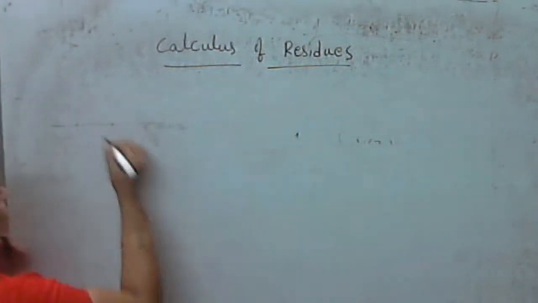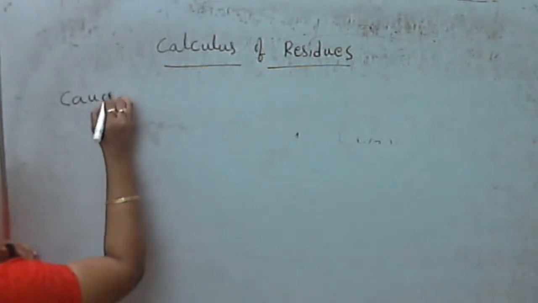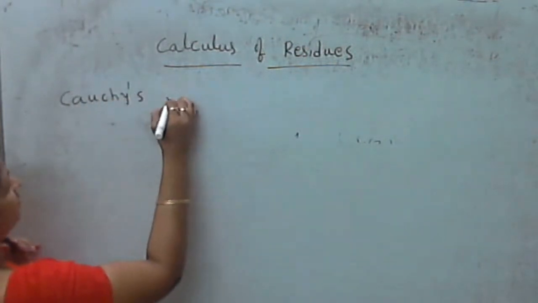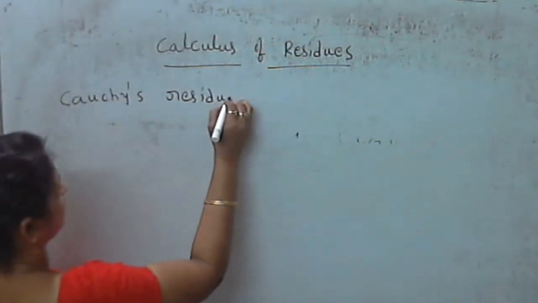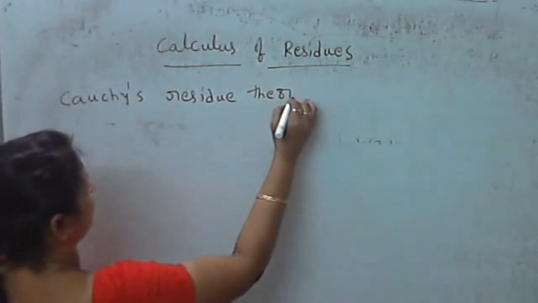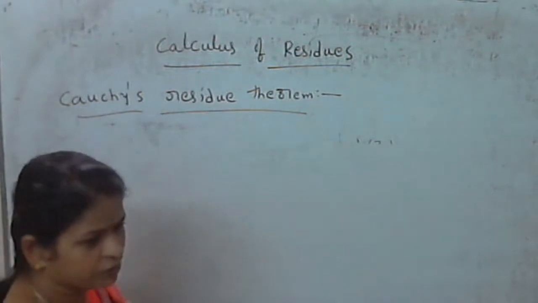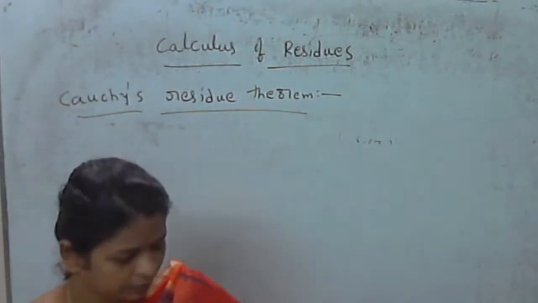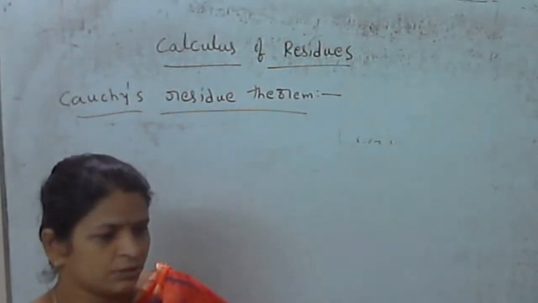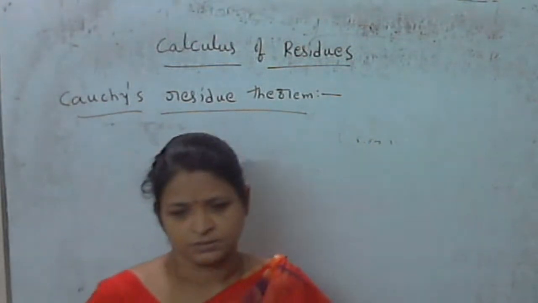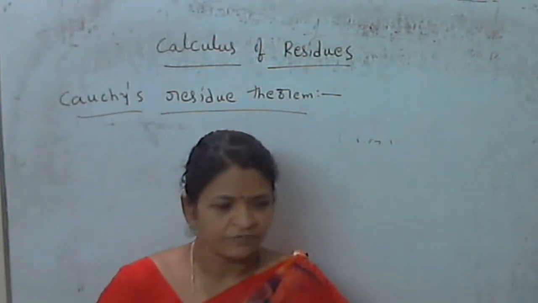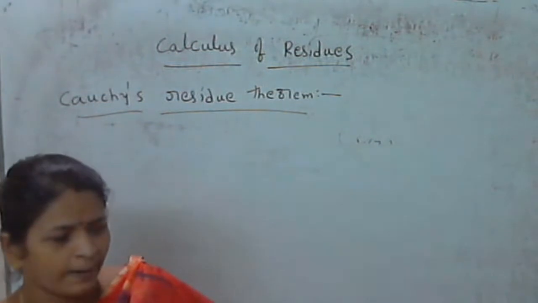Next, Cauchy's residue theorem. This is a very, very important theorem. Now we have learned zeros of the function, poles of the function, and residue of the function. The solution of the function is called a zero of the function.